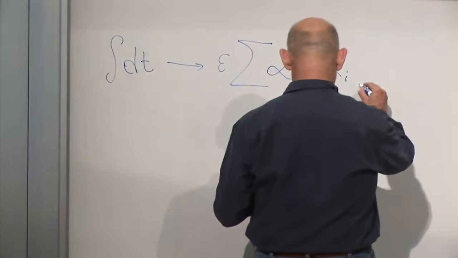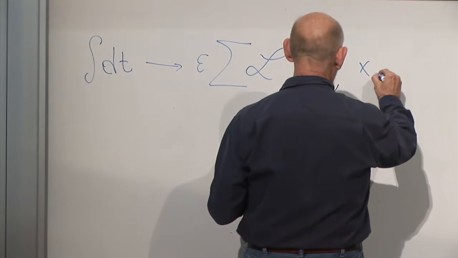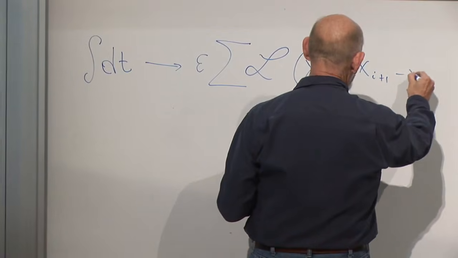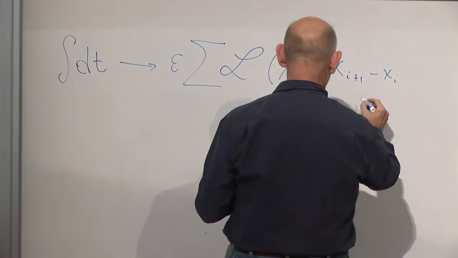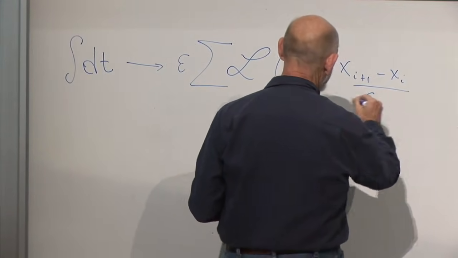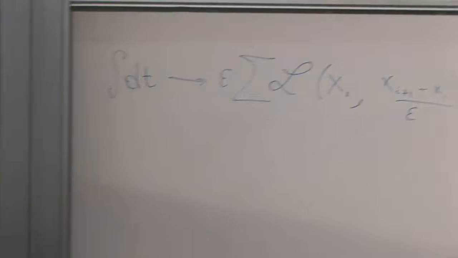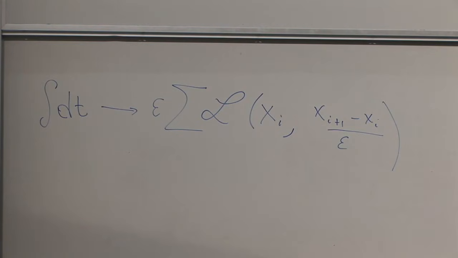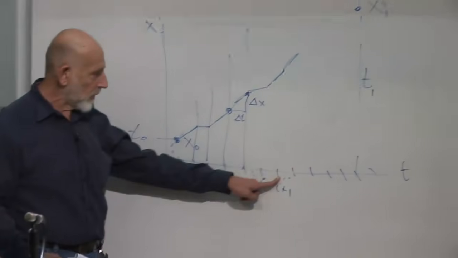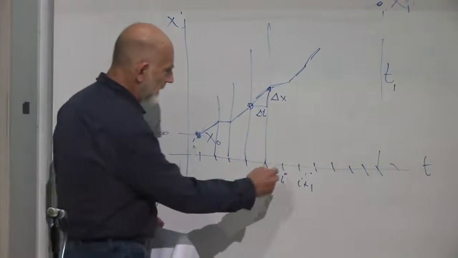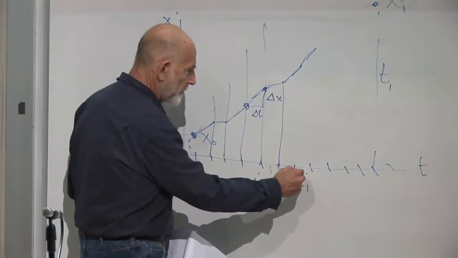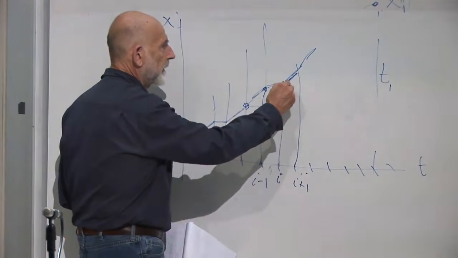Let's write it x sub I plus 1 minus x sub I over epsilon. This is the approximation to the velocity between I and I plus 1. I'm now focusing on the interval between I and I plus 1, right over here.